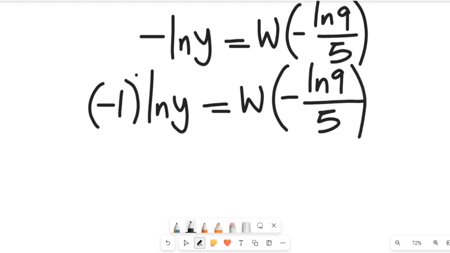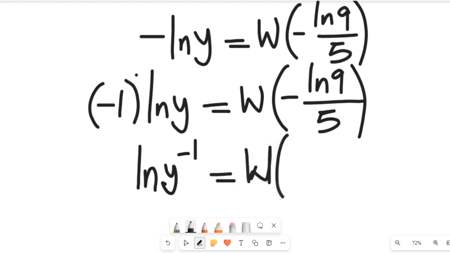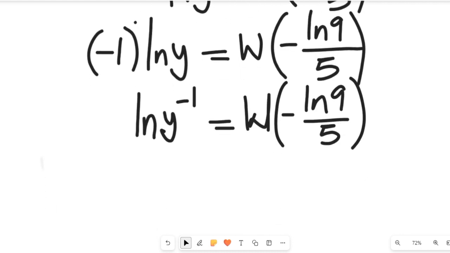So this expression can simply give me natural log of y to the power of minus 1, right? And this will be equal to the W function of minus natural log of 9 divided by what? By 5.